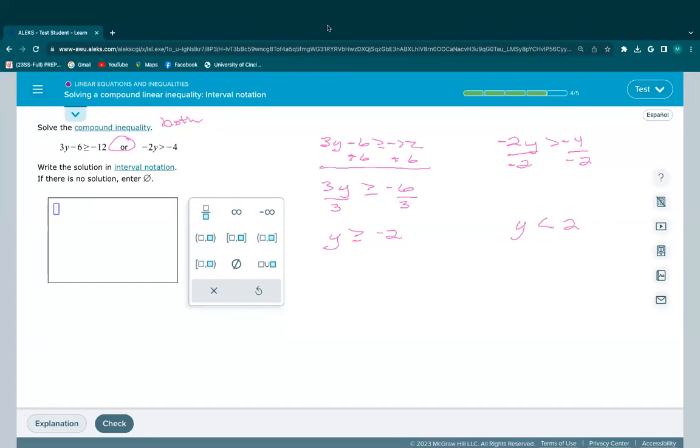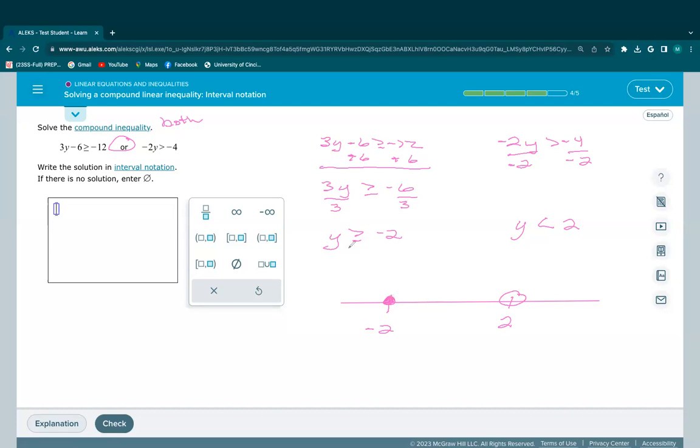All right, so we're going to draw our line. We're going to put our numbers on it. From smallest to largest, negative 2, 2. 2 gets an open circle. Negative 2 gets a closed circle.